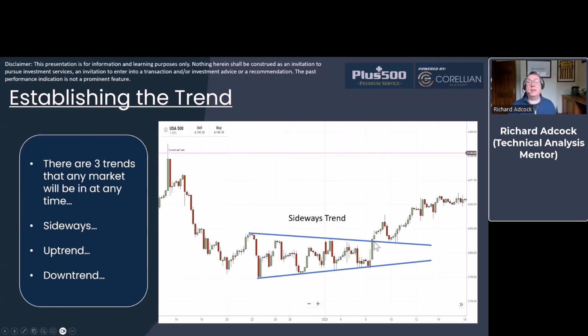Now, these lines could be horizontal and reflect a consistent support and resistance level at the extremes, or we can see them converge as we have in this example. But when we start to break out of this sideways range, it creates a more significant reversal within the sideways trend.